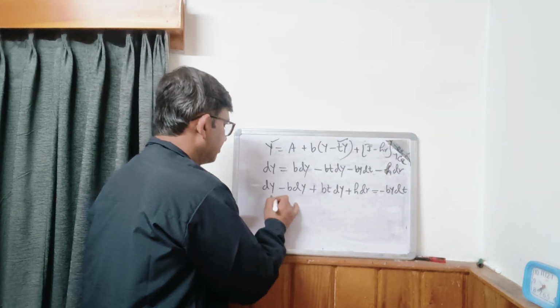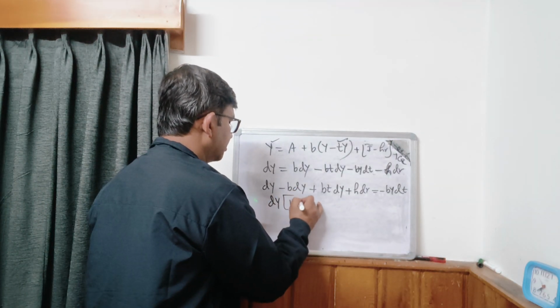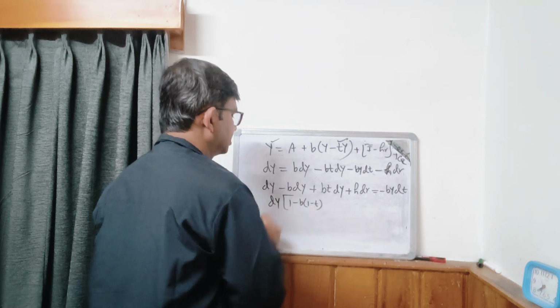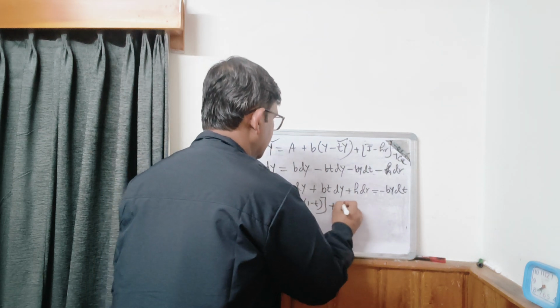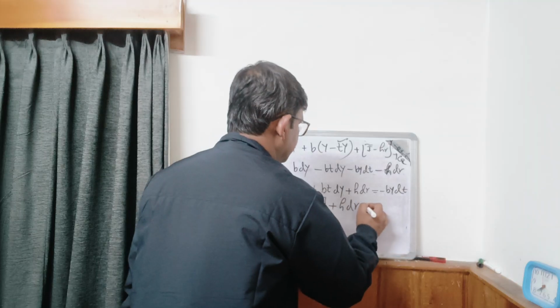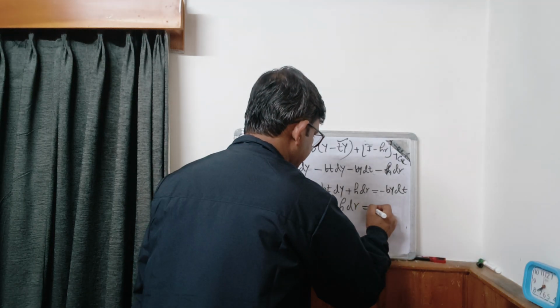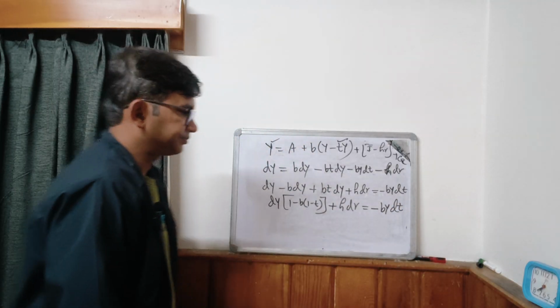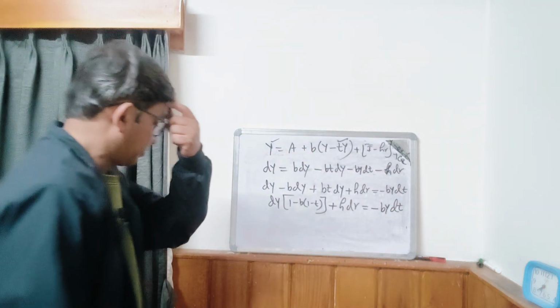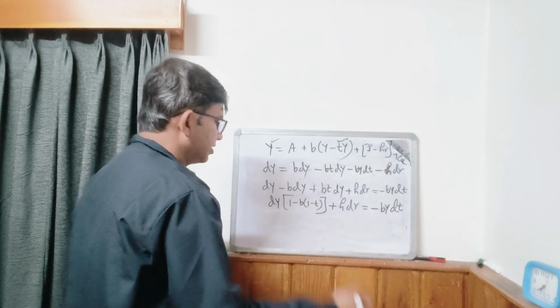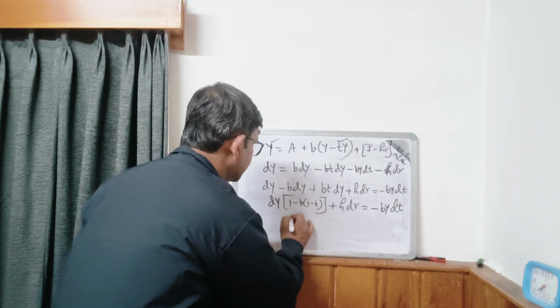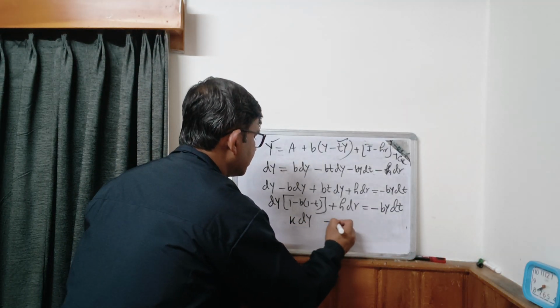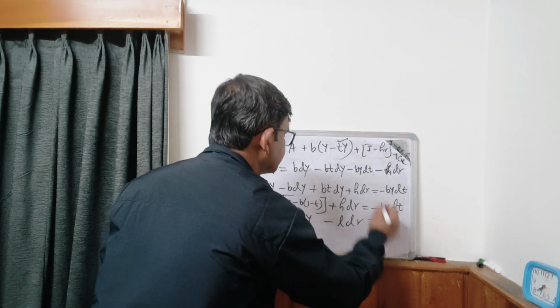So if we take dy as common, we can get 1 minus b into 1 minus t, dy plus h dr equals to minus by dt. And from money market equilibrium, the same equation will come: k dy minus l dr equals to 0.